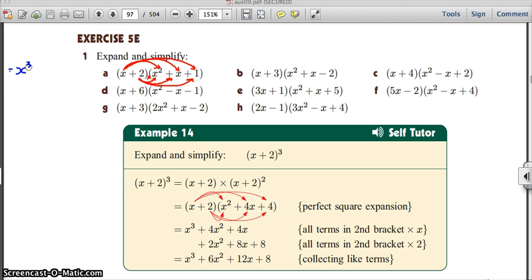Good. Next one. And it's a positive, isn't it? Good. Excellent. And then it's a simple case of simplifying, collecting like terms. So you look along, there's only 1x cubed, so that just comes straight down.